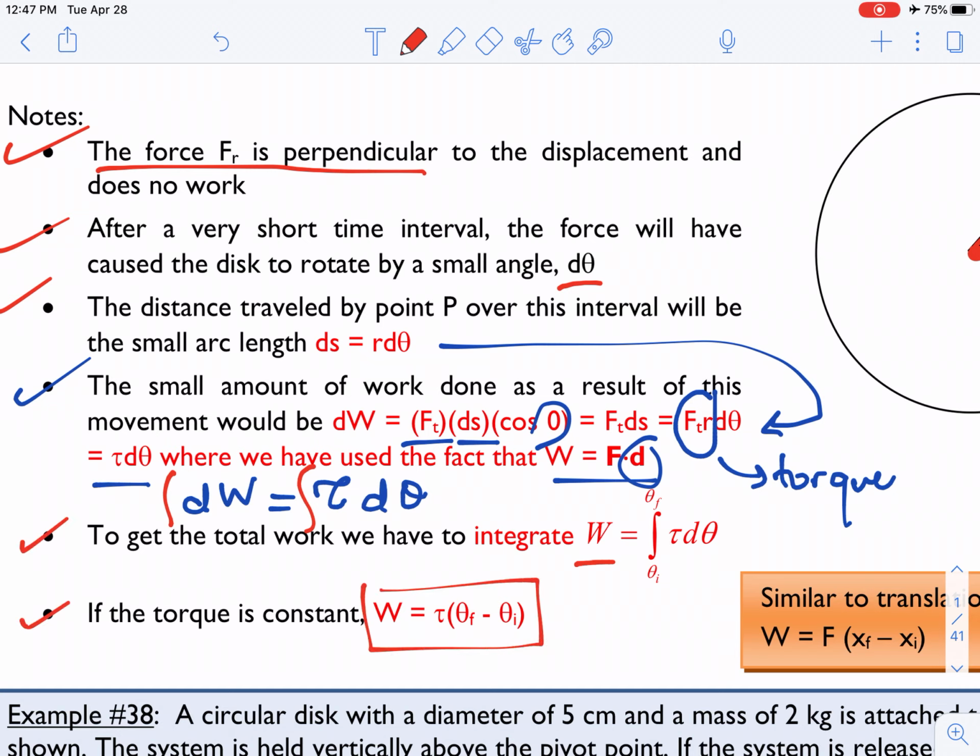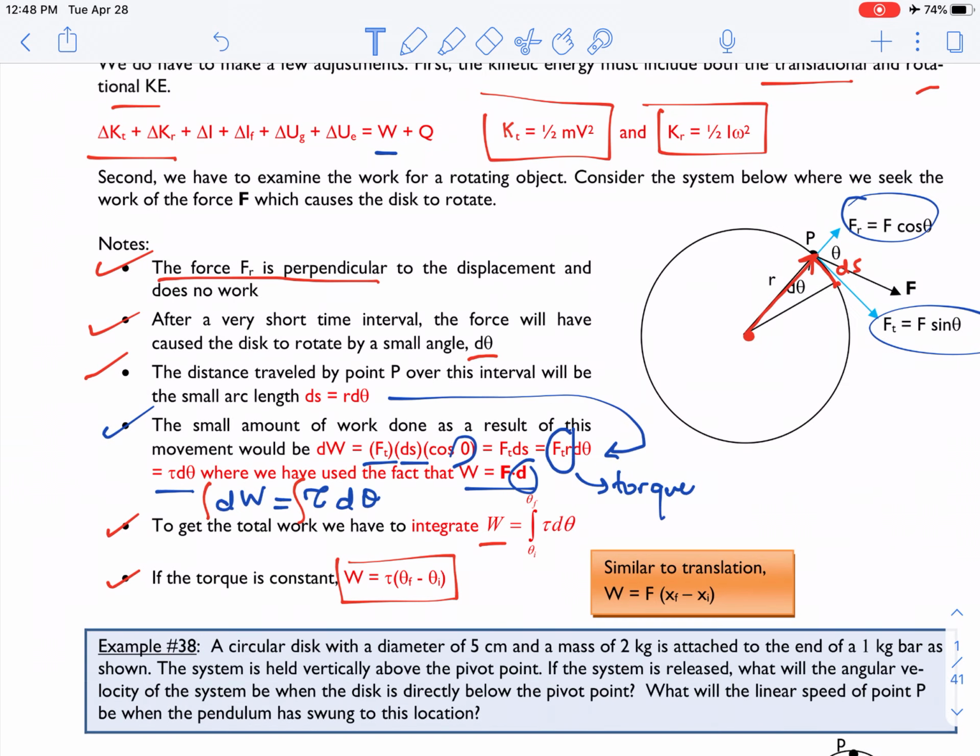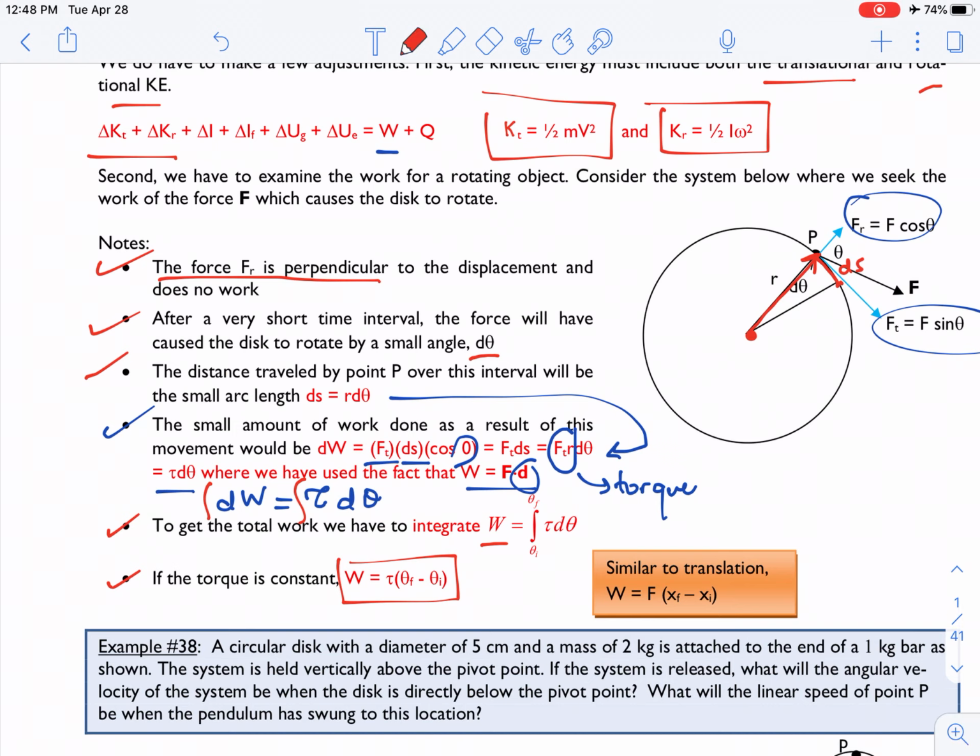But if tau is not constant, if it's changing, then you would have to write tau in terms of theta, and then you have a theta function to integrate. But if it is known that torque is constant, then you simply have work done as the torque times the angular displacement, which is very similar to what we did in translational motion: force times displacement, final minus initial x, if it was 1D.